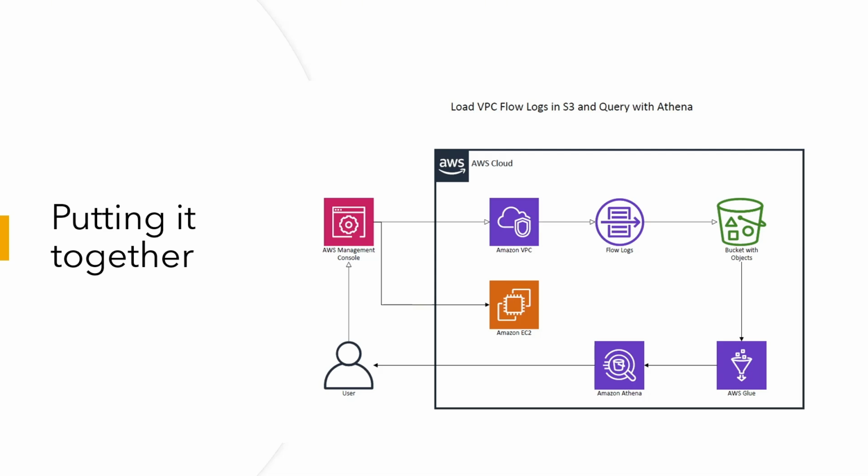So we see here that we've got an end-to-end architecture that ensures that every piece of our network monitoring puzzle is addressed, from secure data generation to insightful real-time analytics, which is going to give us a robust solution for managing and analyzing our AWS network traffic.